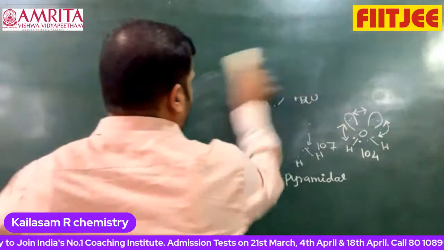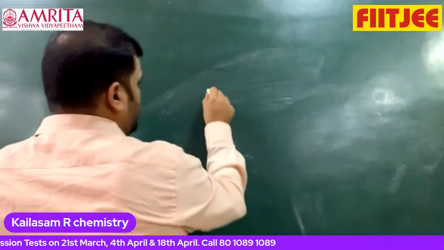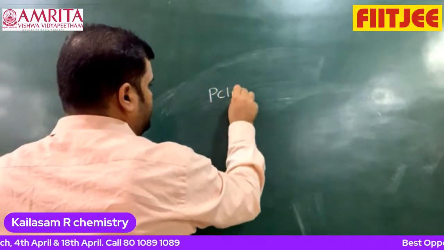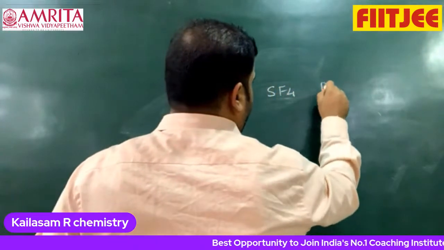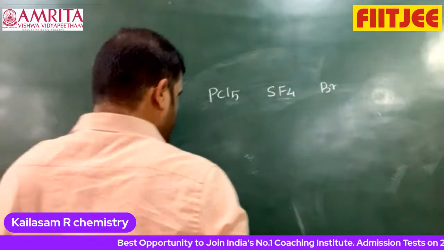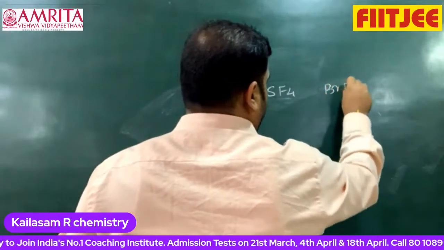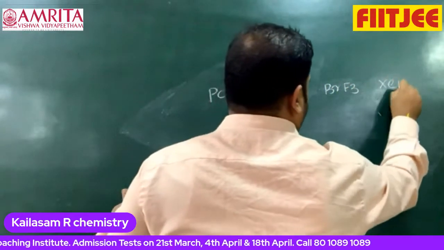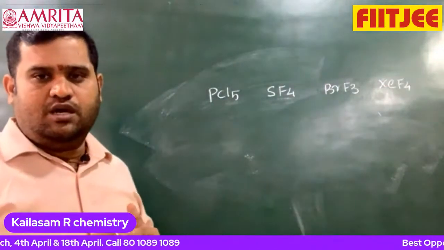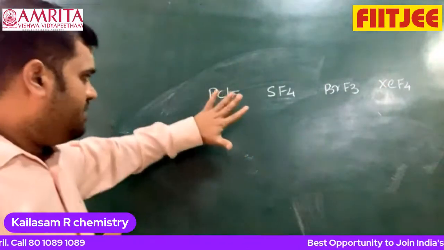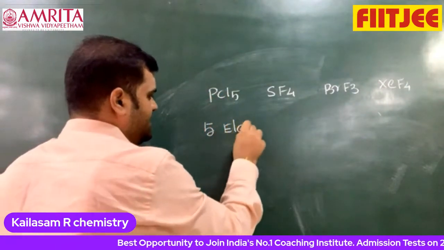In the case of PCl5, SF4, BrF3, XeF2, I am taking these 5 molecules. These 5 molecules mean 5 electron pairs.